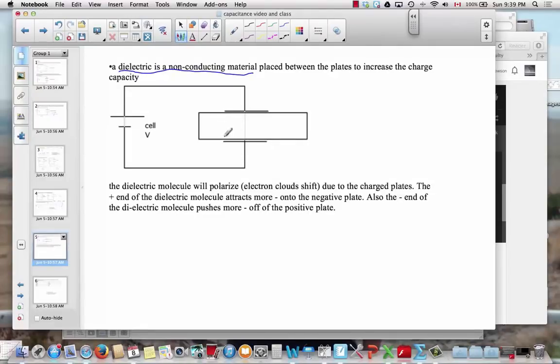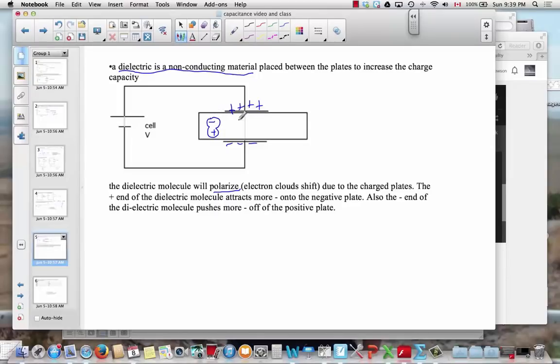But even if it doesn't have free electrons and doesn't conduct, if this plate starts to build up negative charge and this plate positive charge, you will polarize the molecules in the dielectric. That means that the electron clouds in the dielectric molecule will move a little bit to this side and leave the other part of the dielectric molecule a little bit positive.